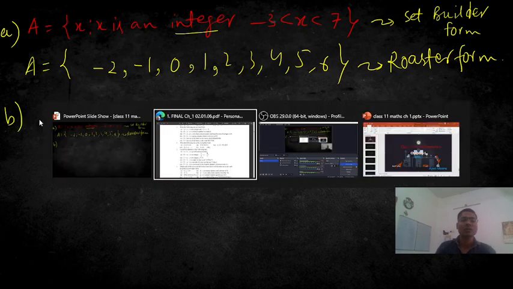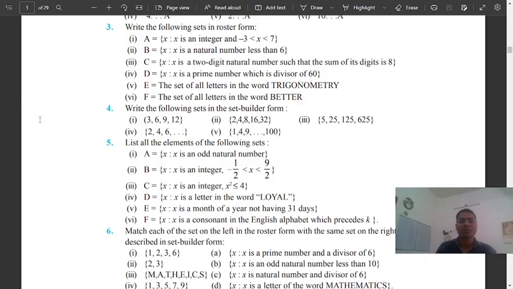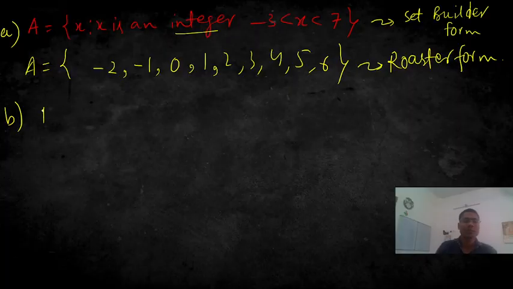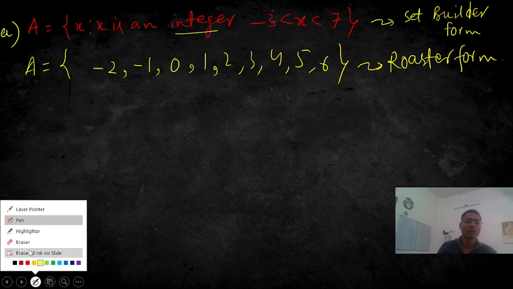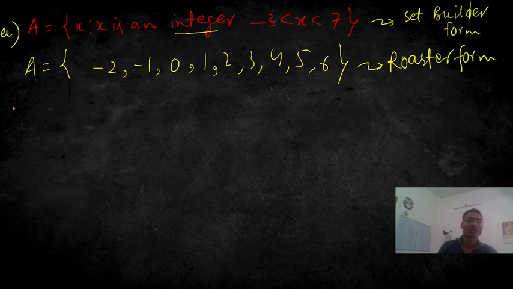Now we are going to the second question. The second question says that x is a natural number less than 6. So now we have B. I'm changing the color to make a chronology of that.